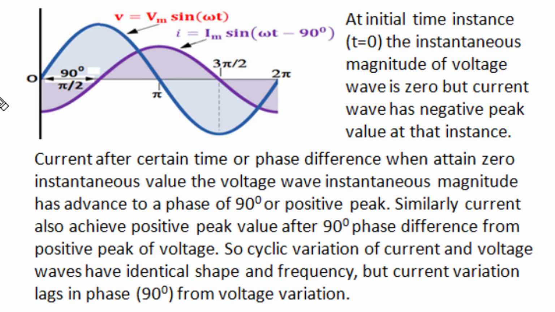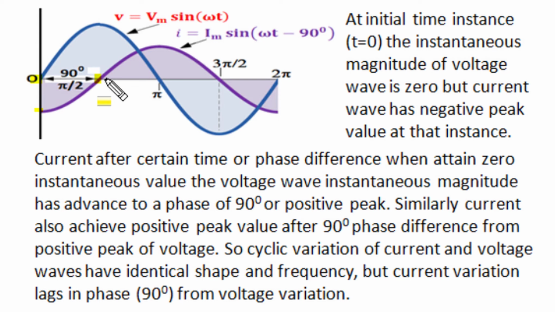That means at the initial time instant, voltage has 0 instantaneous magnitude but current has a negative peak value, and after 90 degrees current will attain the same phase condition as voltage had at the initial position.